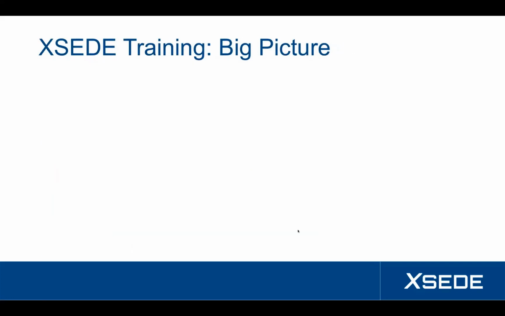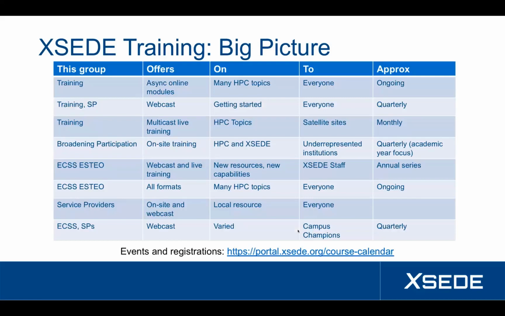So we're here to talk about what training is available. Speaking from the point of view of the training group, we are not the only ones that provide training. So what I've made up here is a table that shows there are a lot of subgroups in XSEDE that provide training besides the training group.